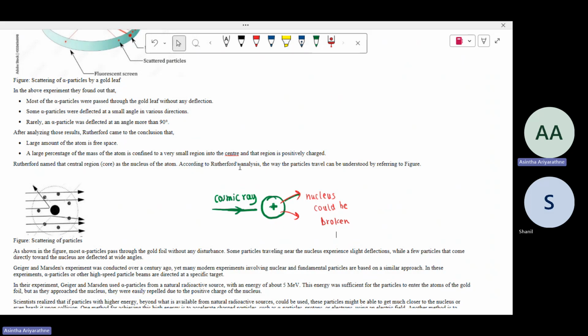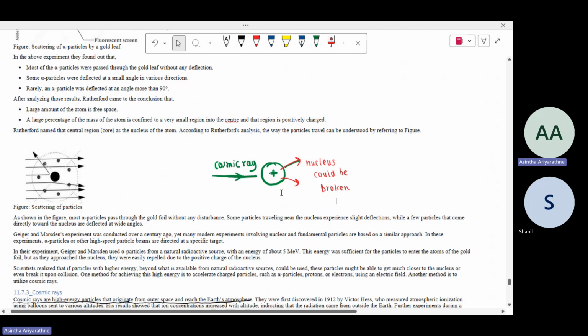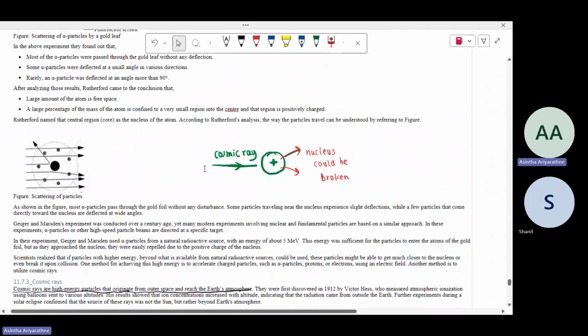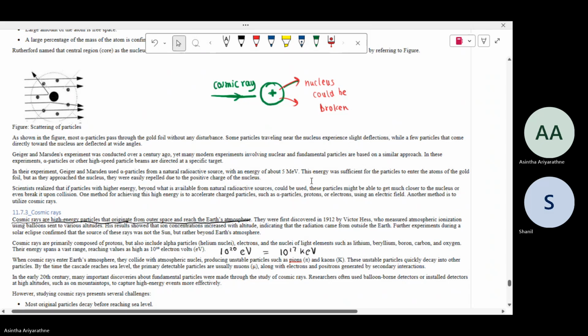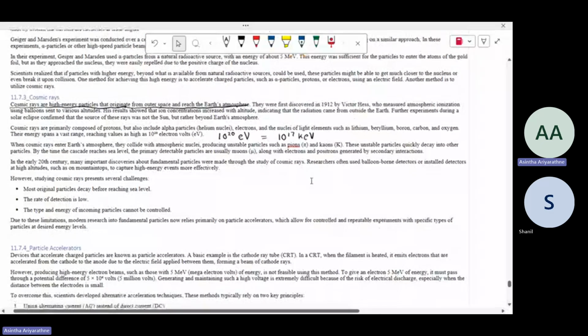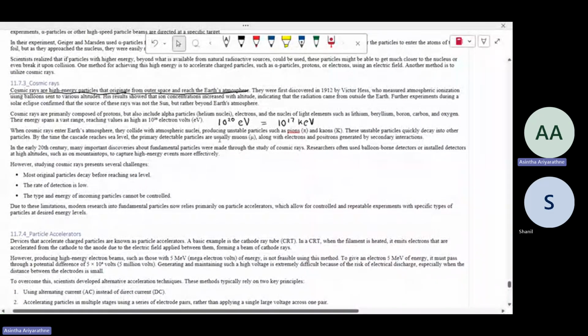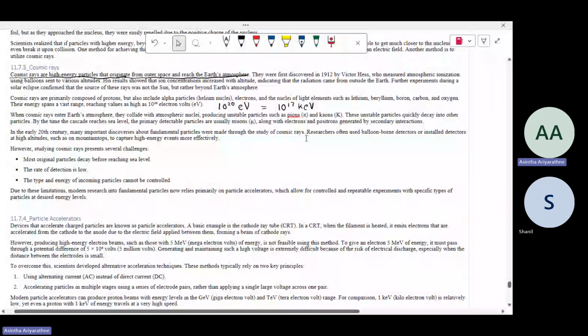A highly energized cosmic ray falling on a nucleus would break the nucleus into smaller pieces. Those particles are called pions, kaons, and muons.